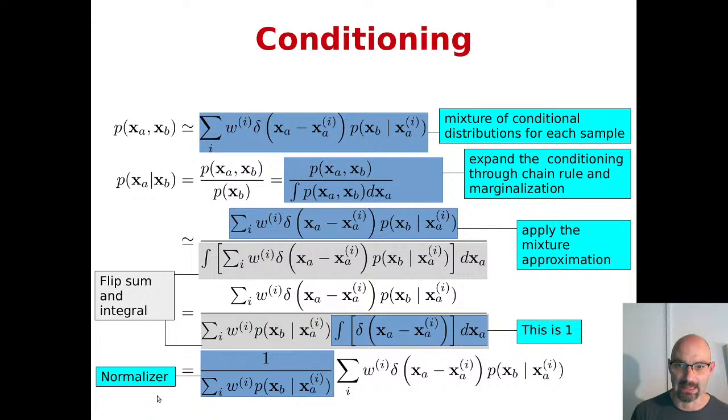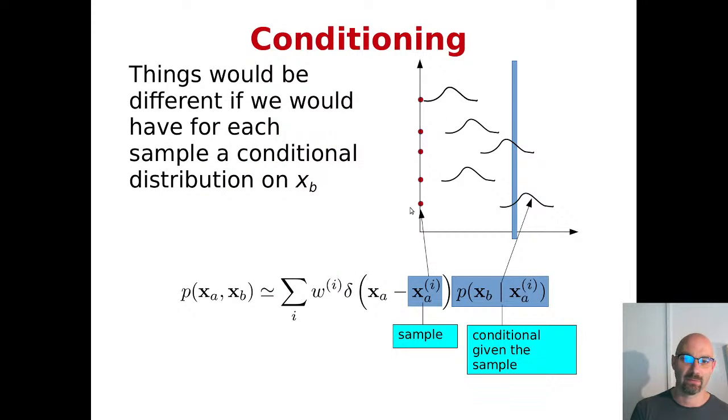And this mimics what I was mentioning before. If I condition this special joint distribution on this value, this sample over here will receive a weight which is proportional to the weight it had before, multiplied by the value of the conditional distribution evaluated at the specific conditioning value xb.